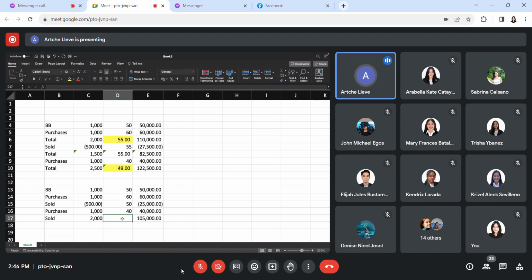So ang kato gigamit nimo is 50 na price, 60 and 40. Okay? Ang gigamit na to ano. Okay? So kana lang. Times -1.